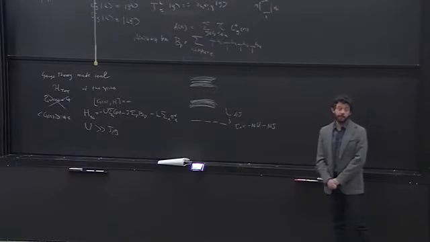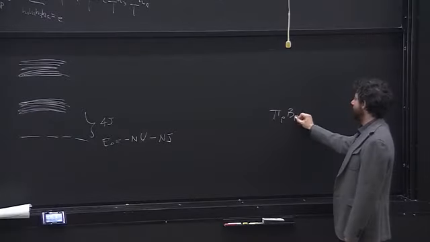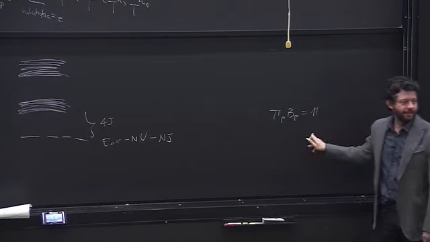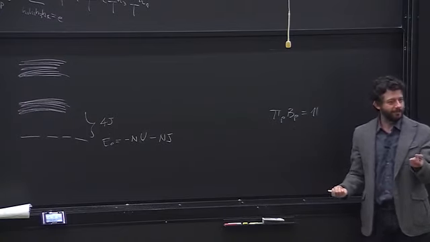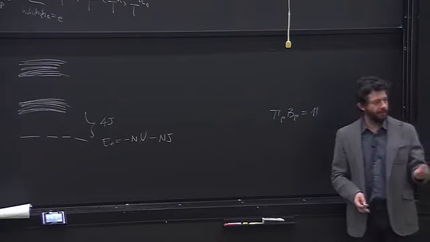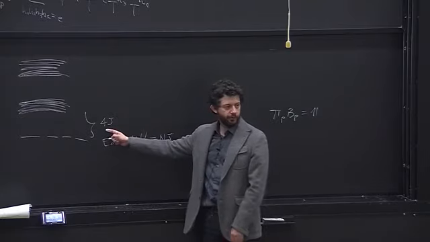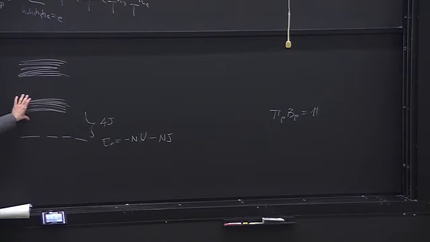However, I can only put an even number of vortices because the product of these guys must be the identity. So this product must be +1. So if I put a -1, I have to put another -1. So the minimum thing I can do is to put 2 vortices, each of which pays energy 2J. So I get 4J. So this band that happens when I excite vortices, when I excite plaquettes, is gapped away by 4J. And this is what happens when I start violating this constraint.